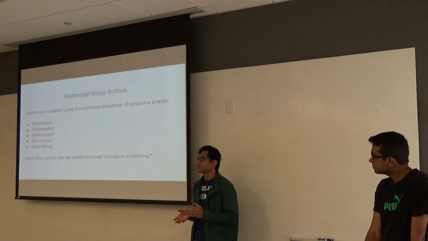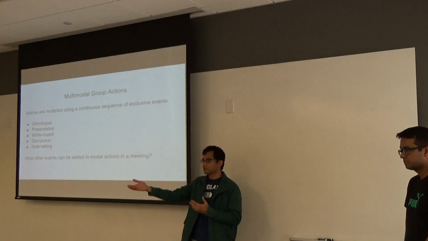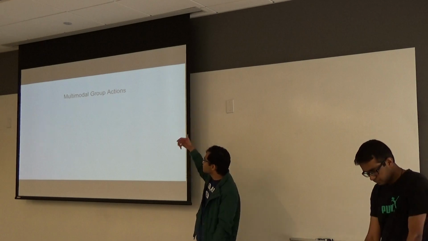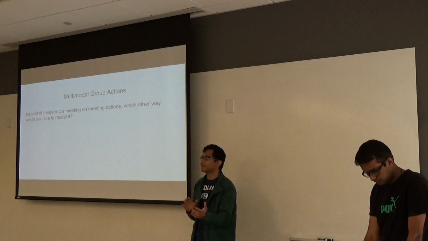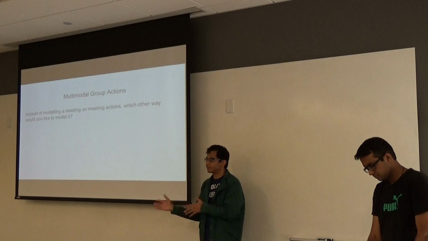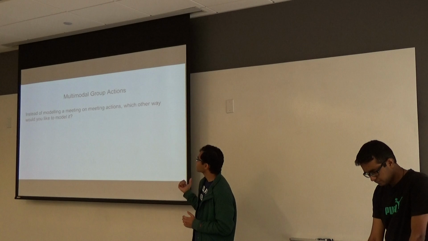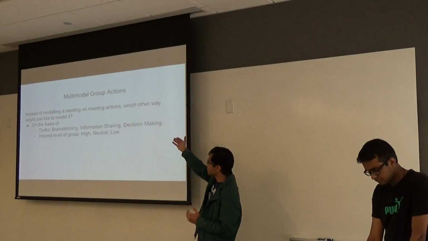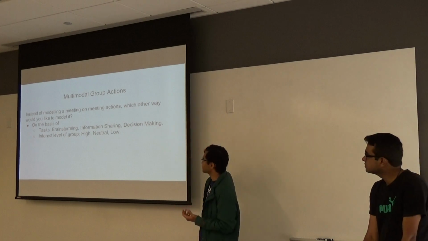The only way that you're going to add to these events is if you look at the meeting in a different way. Something like question answer, or brainstorming, or engagement level of a meeting. So basically trying to look at a meeting in a different way. Tasks. So this is brainstorming, information sharing, decision making, interest level of the group, etc.